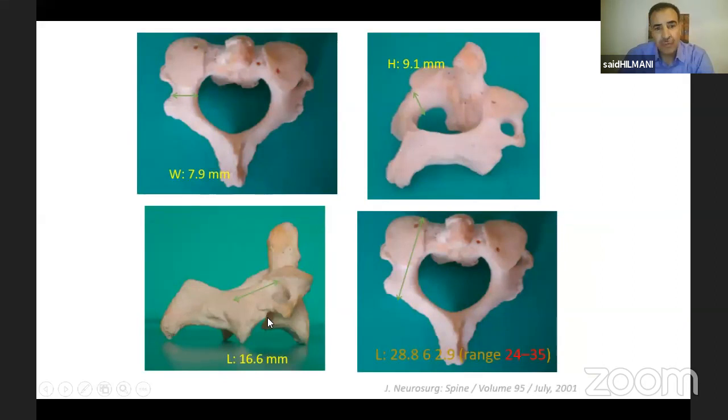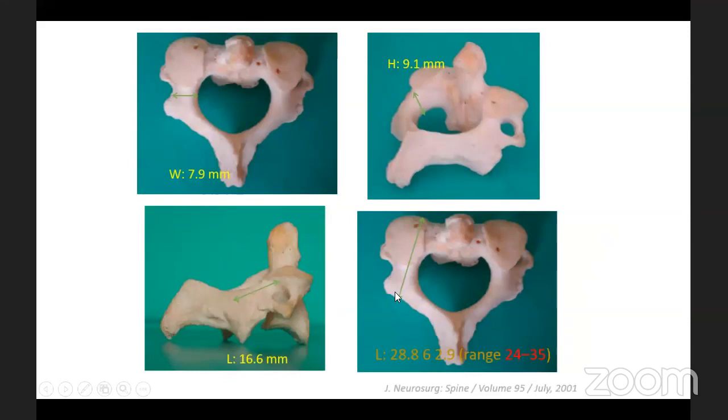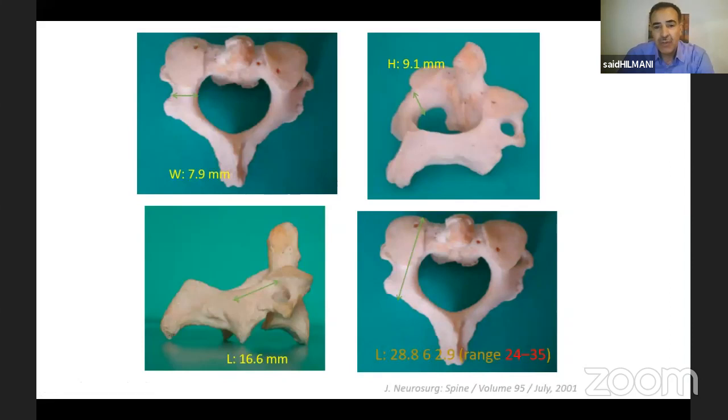The length of the pedicle is about 17 millimeters, but the distance between the posterior edge of the posterior process, the facet, and the anterior edge, the anterior facet, is about 24 to 35 millimeters. Those dimensions are very important to have in mind before choosing the size of the screws.